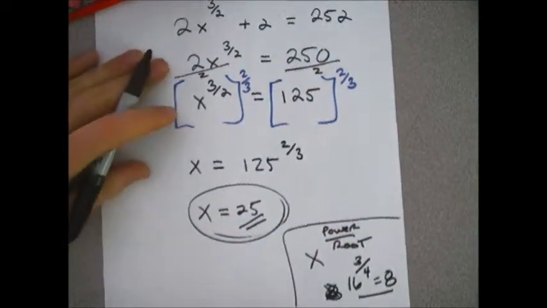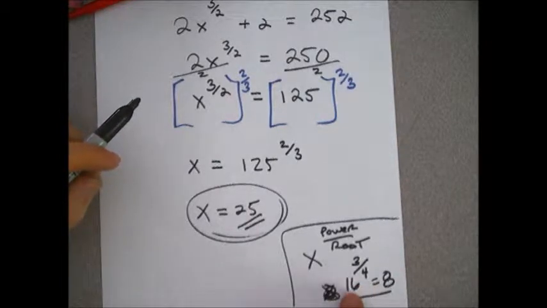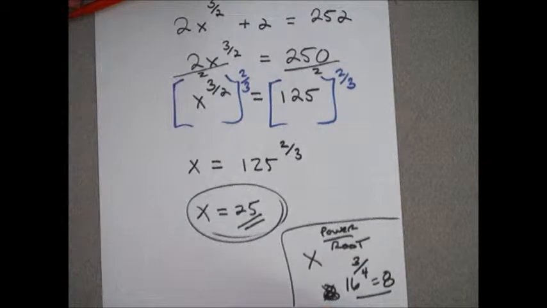So you do the root first, and take that to the power. So when you did 125, the 3rd root was 5, squared, 5 times 5 is 25.